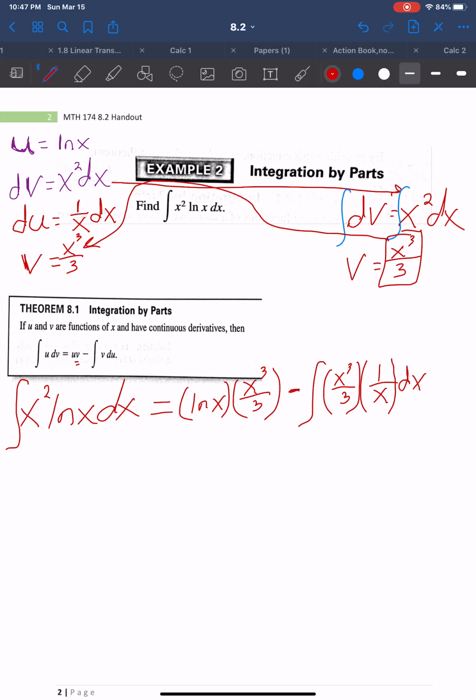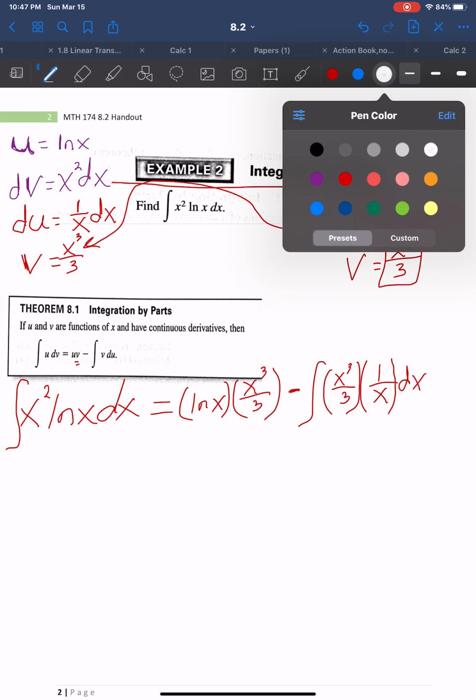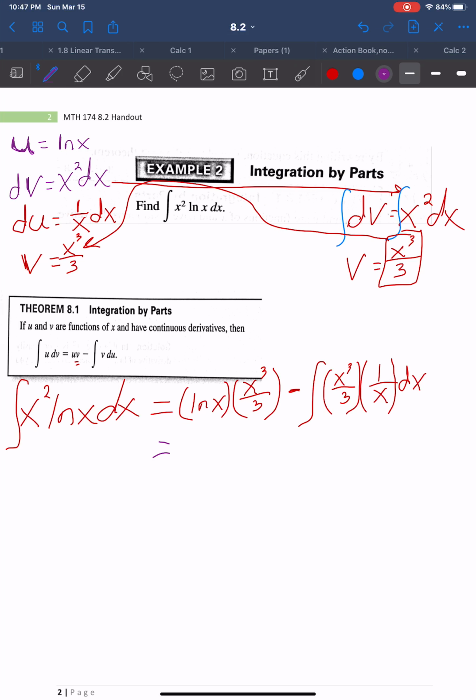All right, so what's going to happen right now is I'm going to simplify this. Ln of x. Well, I'm going to integrate this one last round of integration, and then we'll see if there's any way that we can combine or clean this up a little bit. So this is going to end up being x cubed ln of x over 3 minus, and let's see what happens here.